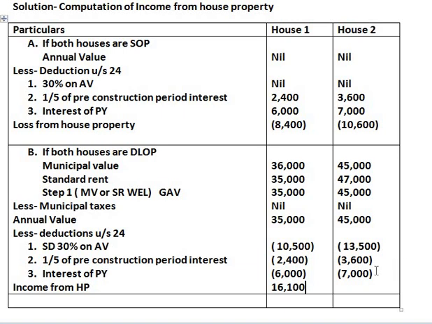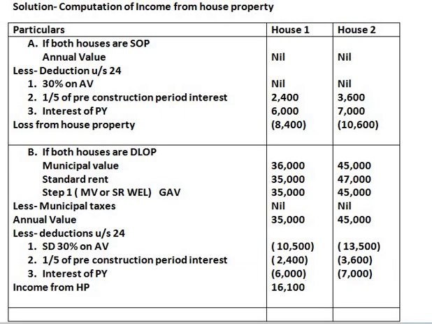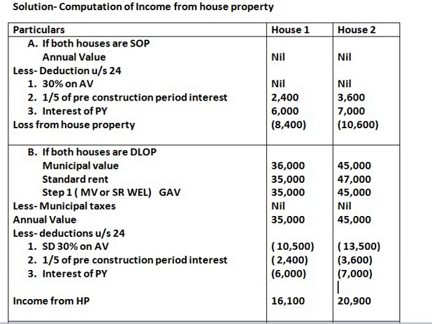This is a positive figure. And when we deduct 13,500, 3,600 and 7,000 from 45,000, we get a positive figure of 20,900. So these are known as income from house properties. Income from house property 1 is 16,100, income from house property 2 is 20,900.